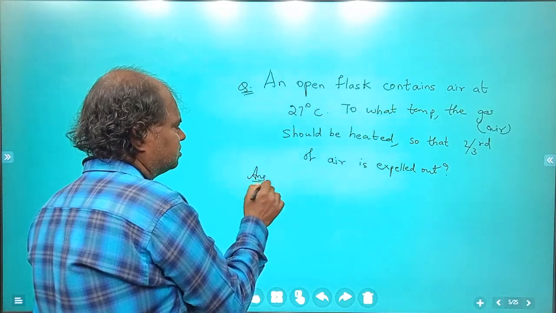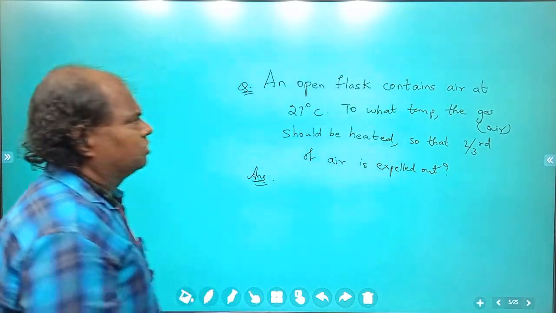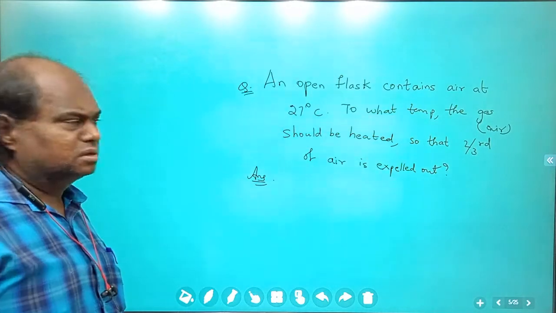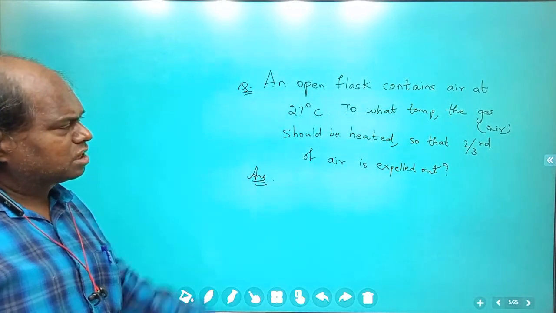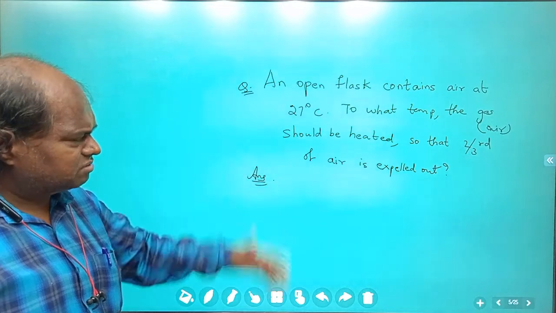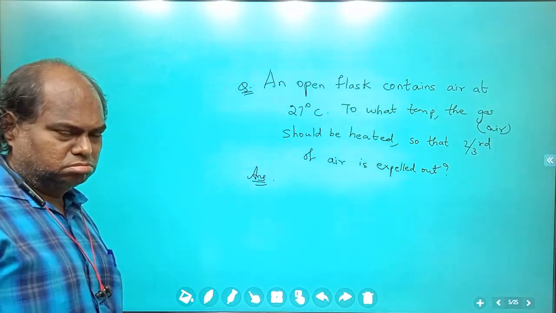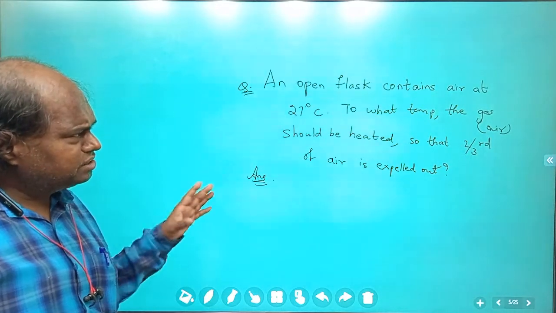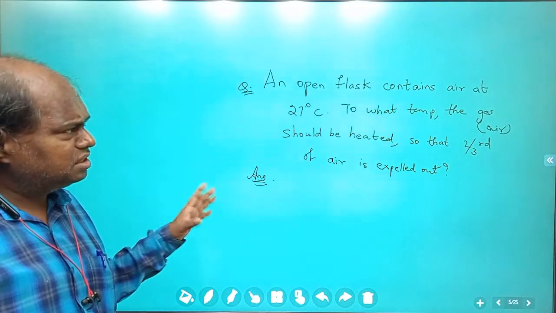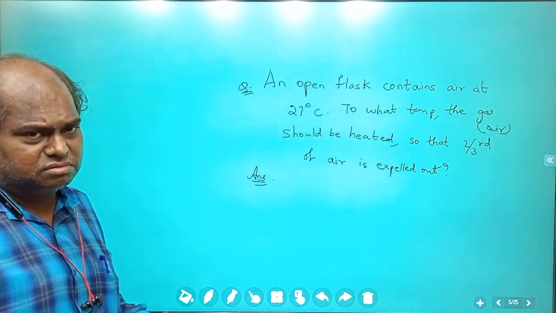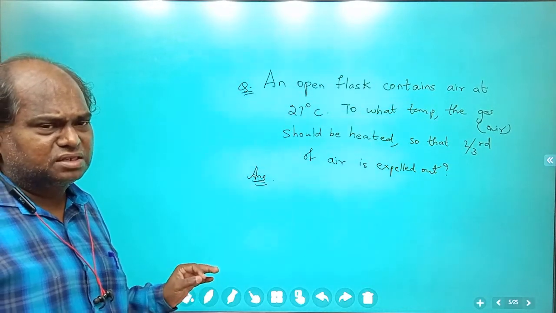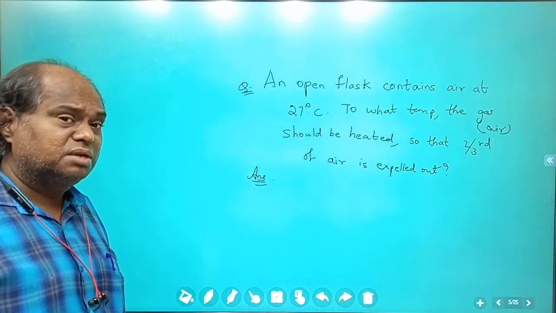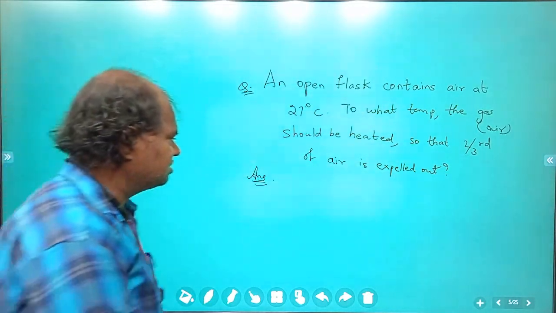So how will you do this now? Just see. So there's an open flask, right, which contains air at how much? 27. Right. So you have to heat it. Two-third of the gas, air, will come out. Okay. Now, students, you read this sum carefully and just see which is constant. Now, when you say an open flask, listen to this very carefully. When you say an open flask, it is open to the atmosphere. So obviously pressure is constant. Okay.